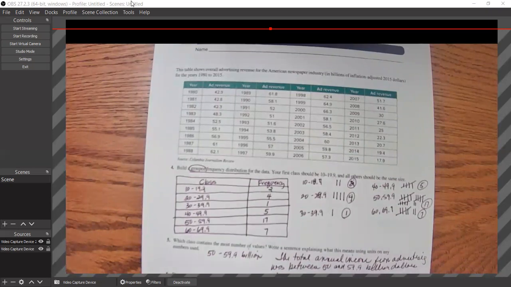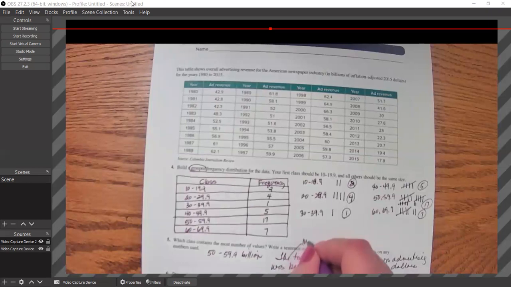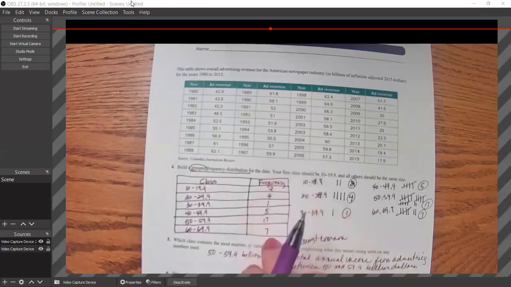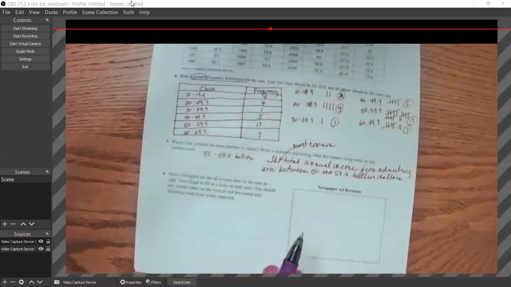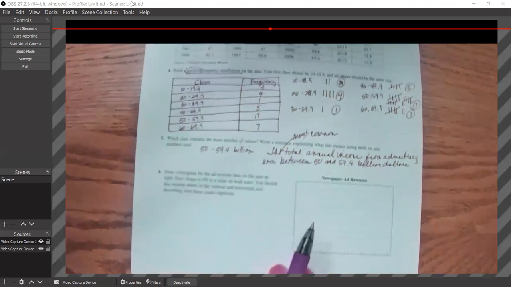Let's say the most common total. Each of these was the total annual income, but the most common one, the one that occurred most frequently, was between 50 and 59. So that's a grouped frequency distribution.